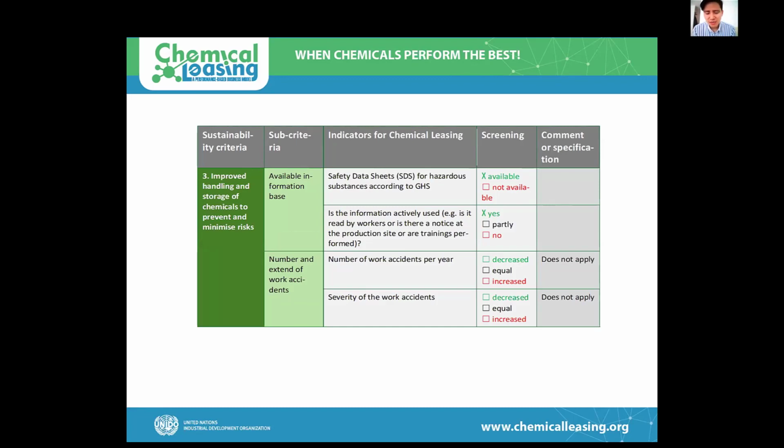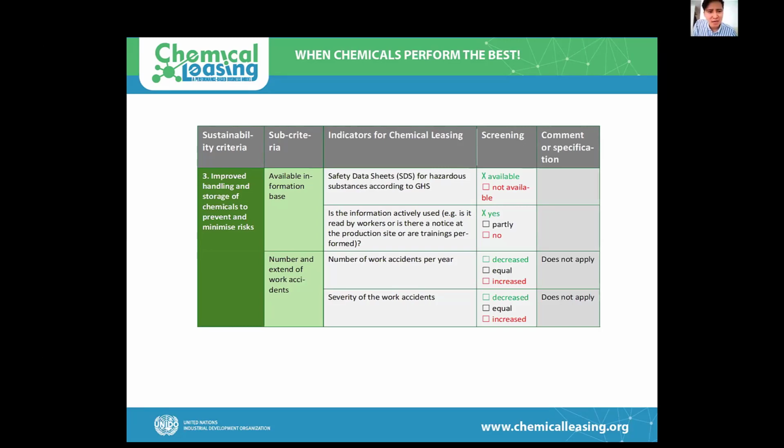So also the safety data sheets are very important in this case because you can identify not only the risks, but also the qualities of the product and how to store it. And then you can also have your own storage and handling measures, and then they have to be checked whether you have more accidents, you're reporting these, the severity, etc.